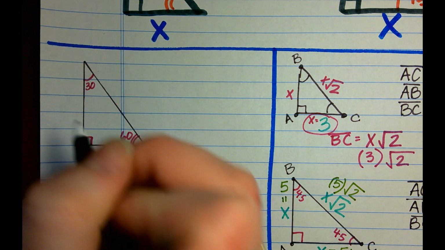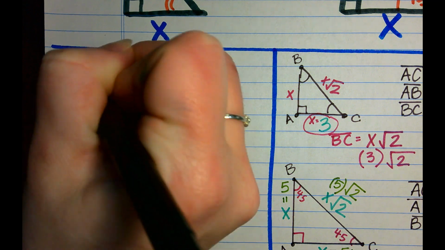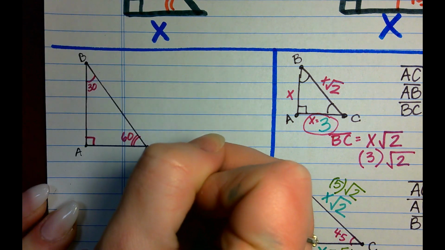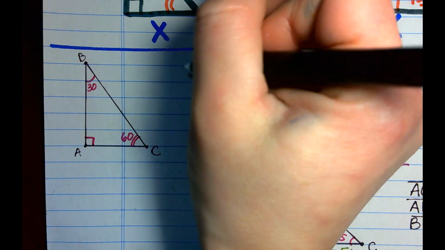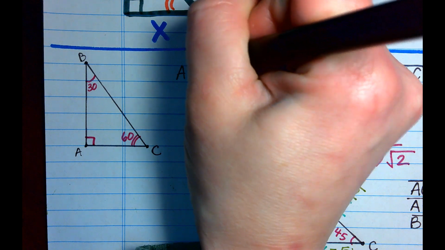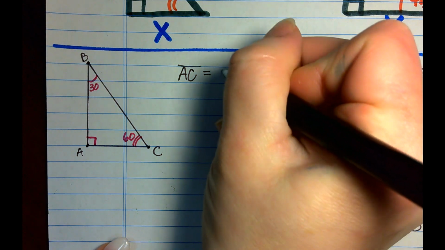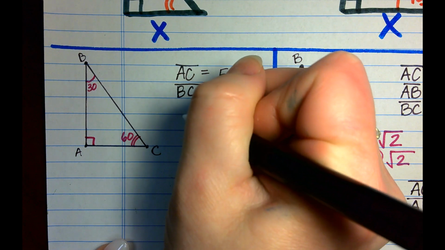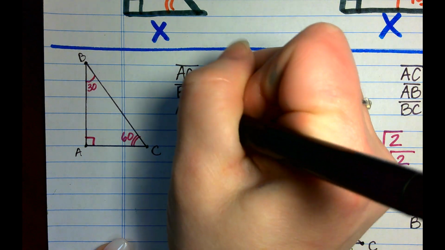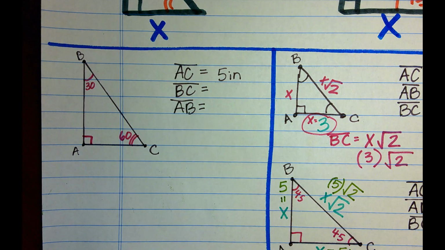It needs the same A, B, C. So let's say AC is 5 inches again. You find BC and AB. Sorry, I wrote them in a different order by accident this time.